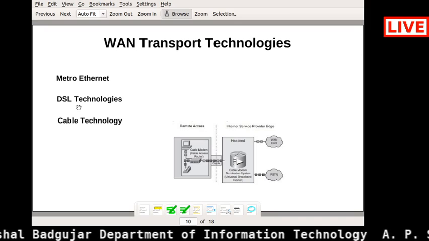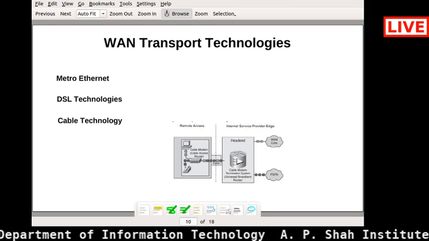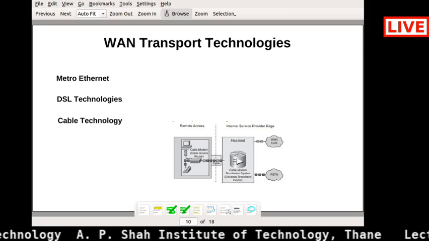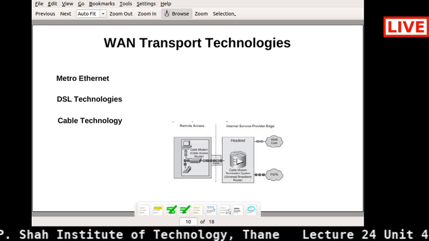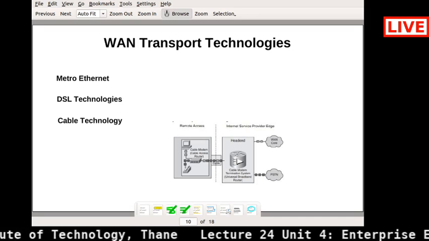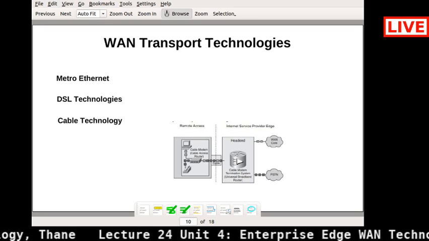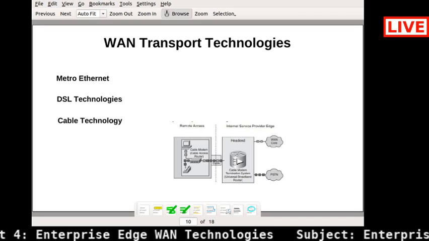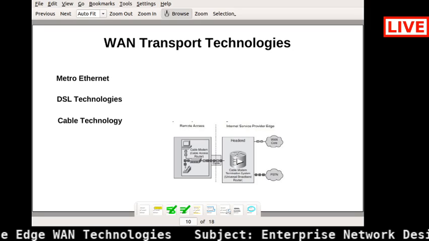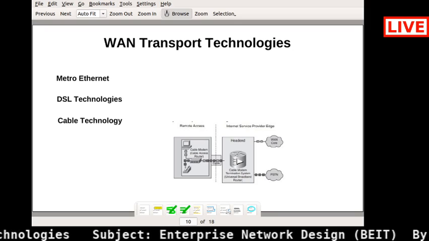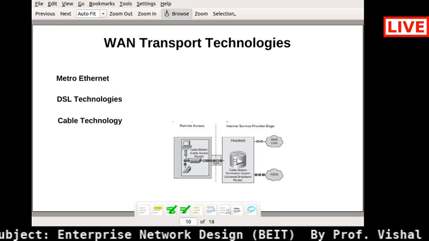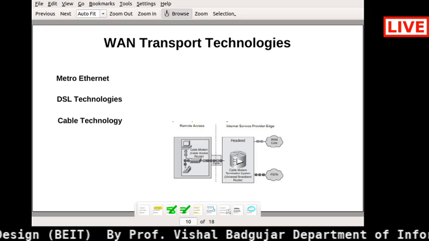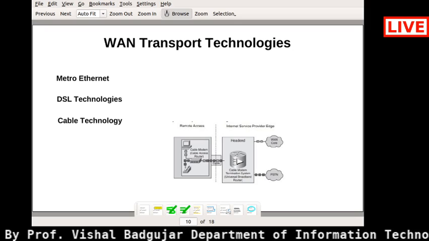Then DSL technologies. DSL gives you high bandwidth over the traditional telephone or copper lines we have used. It works by way of two modems at either end of the wire, like dial-up, cable or wireless. It is a transmission technology that enables service providers to deliver a wide variety of services to their customers, for example premium high-speed internet access, voice, VPN, video conferencing, and video on demand.